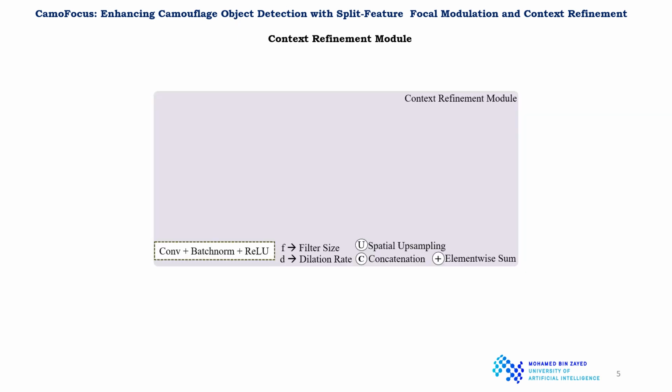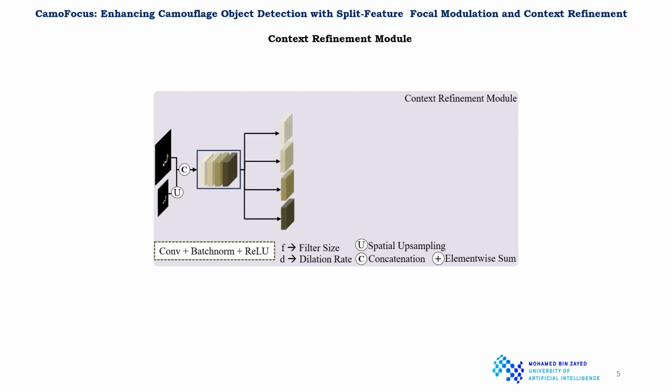Scale and contextual comprehension. The context refinement module operates on a fusion of low and high level features. Initially, high level features undergo upscaling through bilinear operations to align with the spatial dimension of low-level features. After concatenating the combined features, they are divided into 4 subsets.